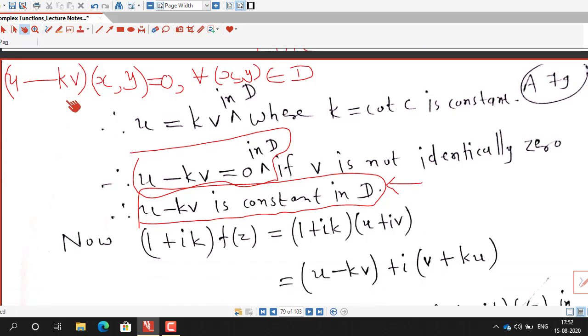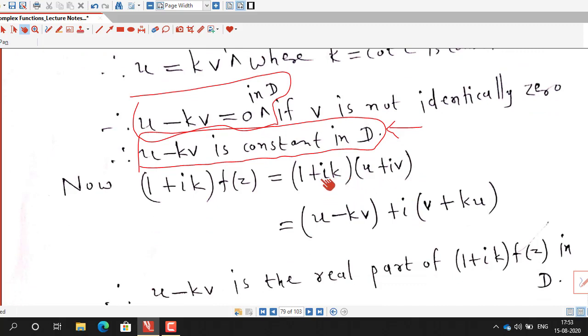Now we show that this function u minus kv is the real part of the function 1 plus ik into f of z, where k is constant cot c. So we simplify this 1 plus ik into f of z. Here 1 plus ik as it is, and we replace f of z by u plus iv. Now this is multiplication of two complex numbers.